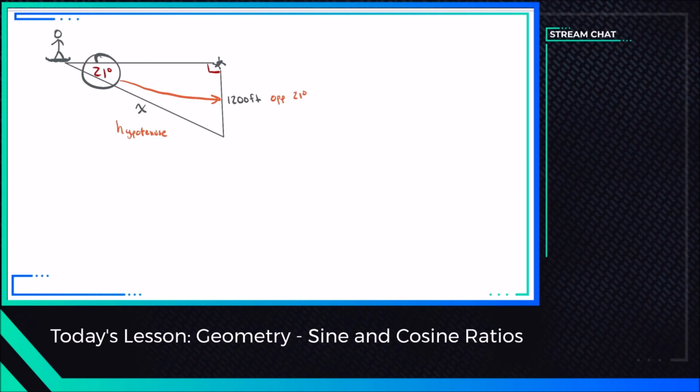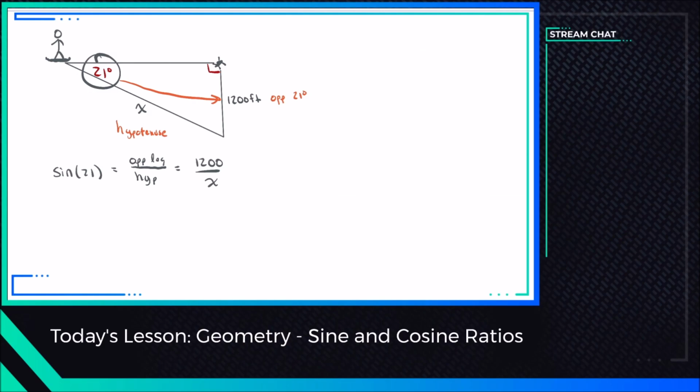And because we only know the leg that is opposite, we're going to want to use sine, because sine is going to be opposite over hypotenuse. So the sine of 21 degrees is going to be equal to the opposite leg from 21 over the hypotenuse, which is equal to 1200 feet over x.